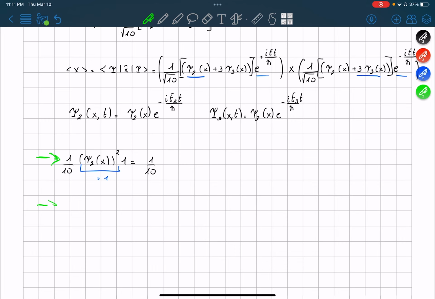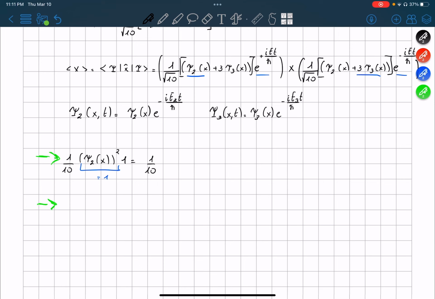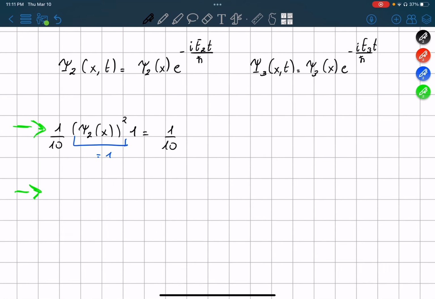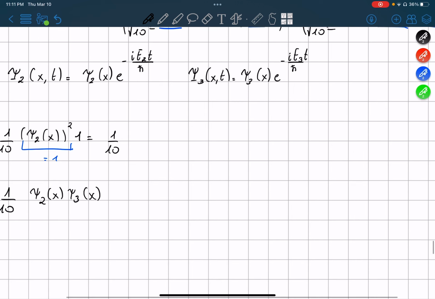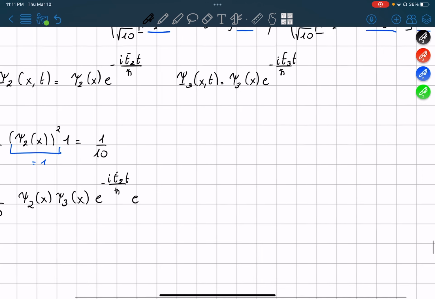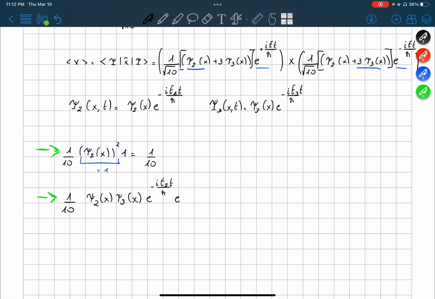The second calculation does change a bit, because as I said, we always take 1 over 10. So far so good. And then we have psi 2 in terms of x times psi 3 in terms of x, times our first e to the power of positive i E2 t over h bar, because the first one will be a complex conjugate, so it's going to be a positive over here, and then the second one will be negative i E3 t over h bar.